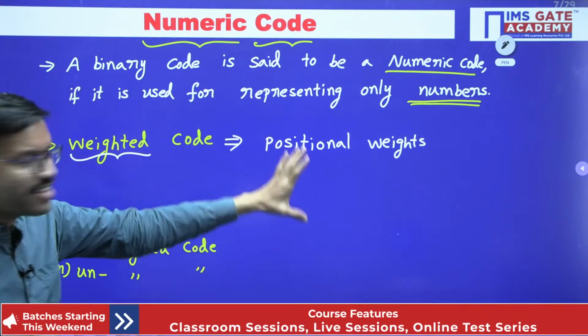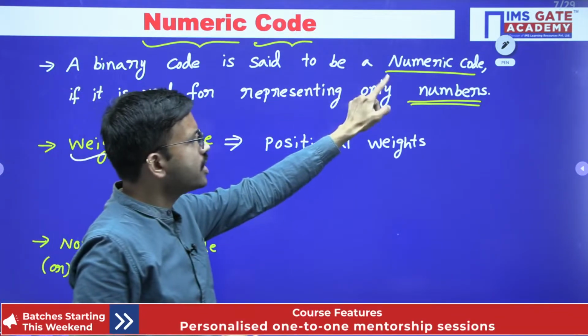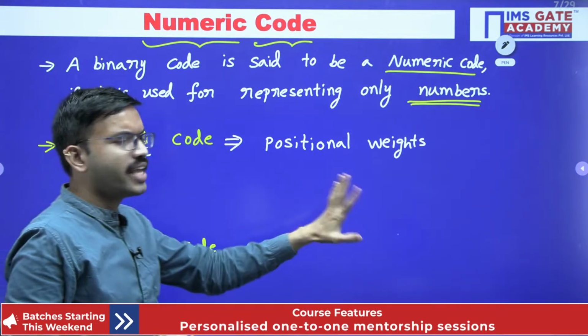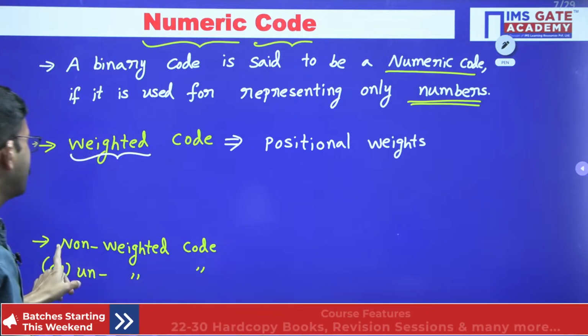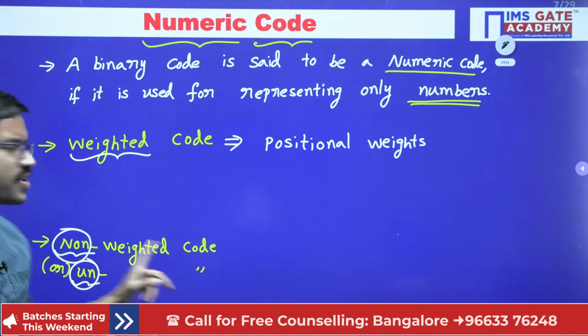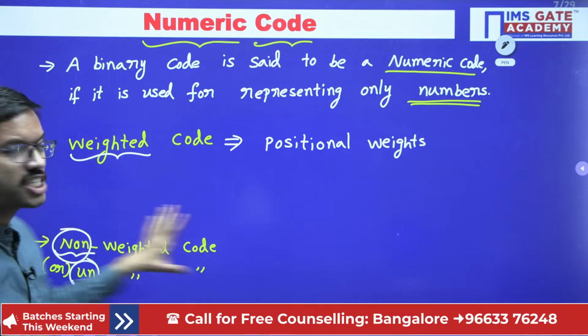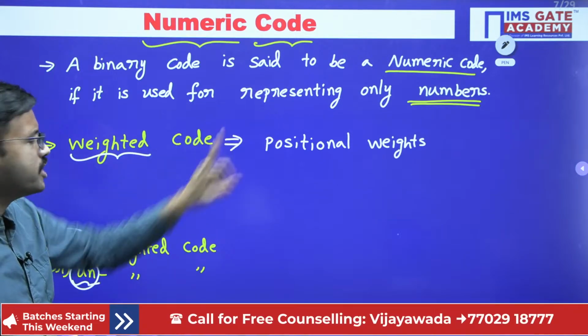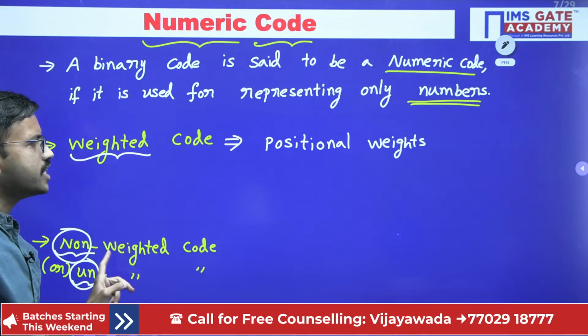If it is like that, we call that numeric code a weighted code. If it does not have any positional weights, we call that numeric code a non-weighted code or unweighted code. Non-weighted means there is no weight, or unweighted means there is no positional weight at all.